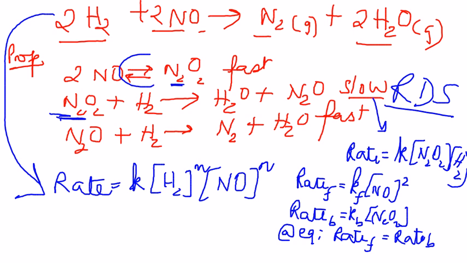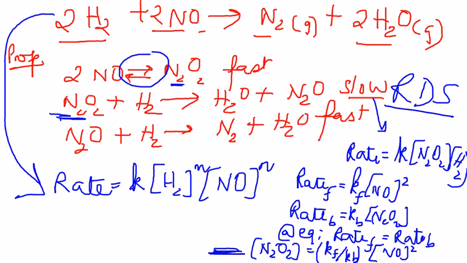And since it's shown that this is an equilibrium reaction, you can actually say that the concentration of N2O2 is going to be equal to Kf divided by Kb, multiplied by NO square of that. So I just figured out the concentration of N2O2, which is written in terms of NO, which by the way happens to be one of the reactants.